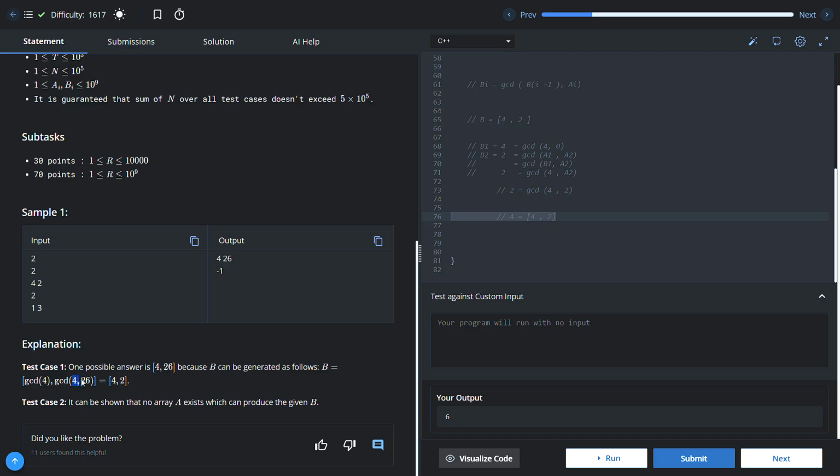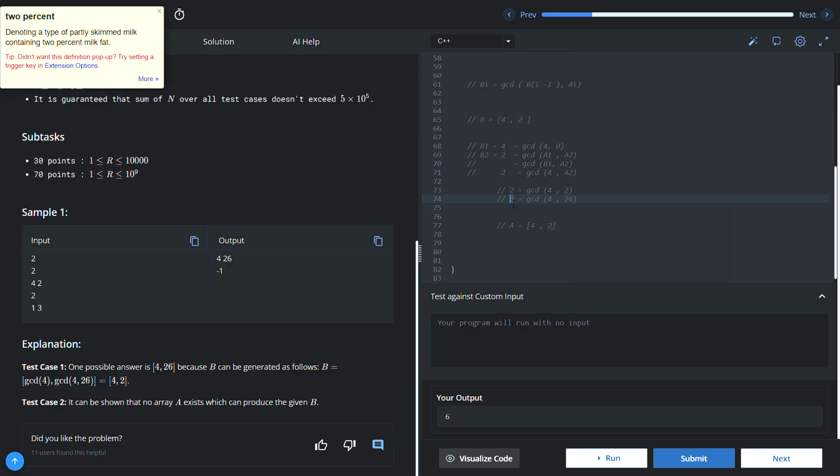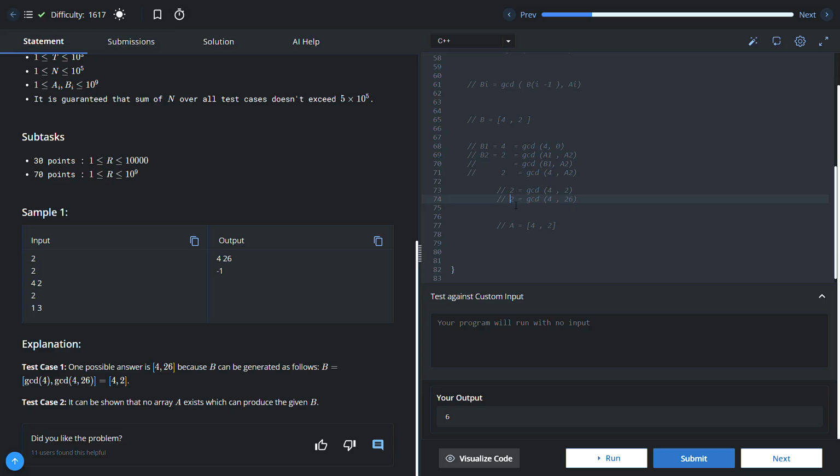We can also, if this is 26, right? This number can be anything which can satisfy this. So 26 can also be divided by 2, and 4 is also divided by 2.